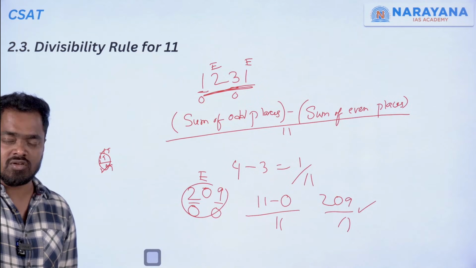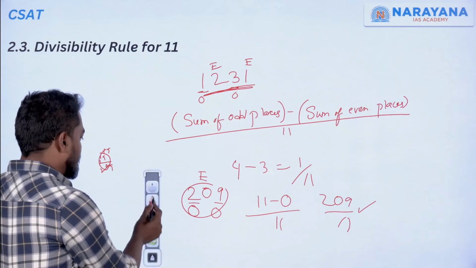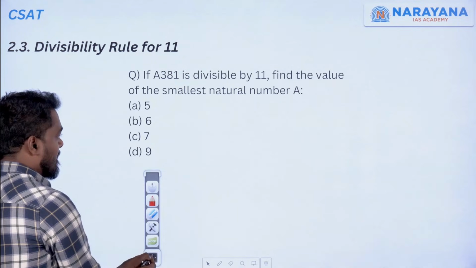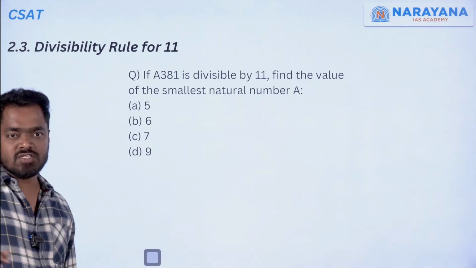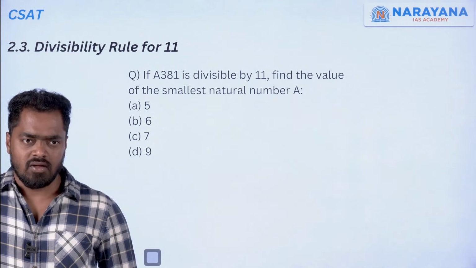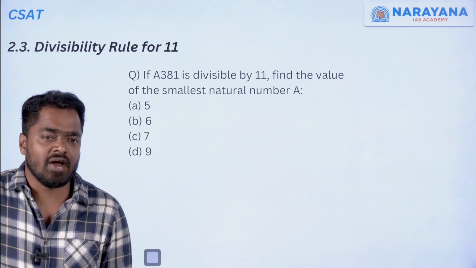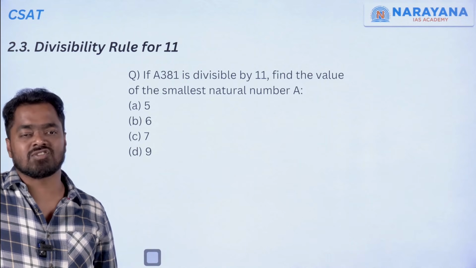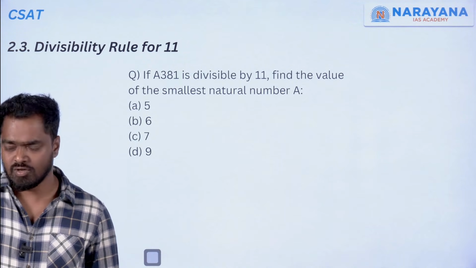So let's try to solve some examples based on the divisibility rule of 11. See this question, again similar to the question that we solved earlier. If A381 is divisible by 11, find the value of the smallest natural number for A. Very easy question. You have to solve it.